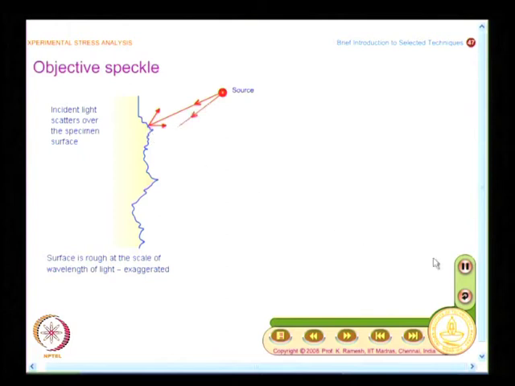So, what I see here is, as the light hits, you have light scattered at each of these points. You can also see this little enlarged.